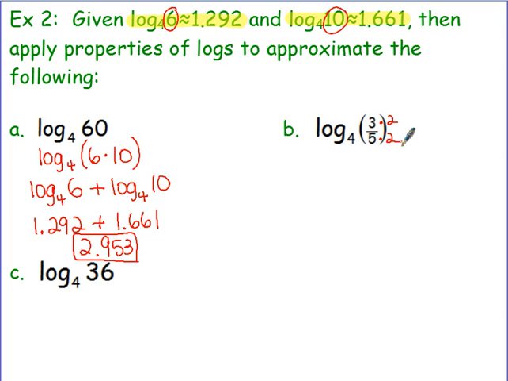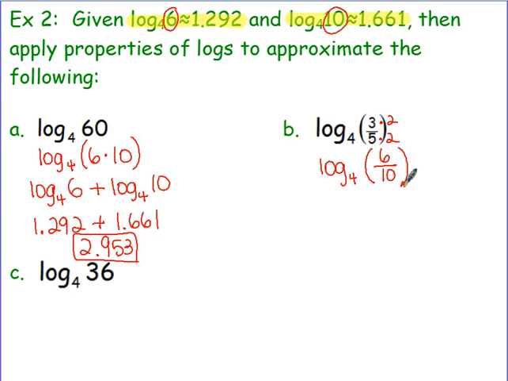And yes, it's okay to do that because it's the same number. You can't multiply the top by 2 and the bottom by 4. But you can do the same number to the top and bottom, and you're good to go. And what that becomes is log base 4 of 6 over 10.